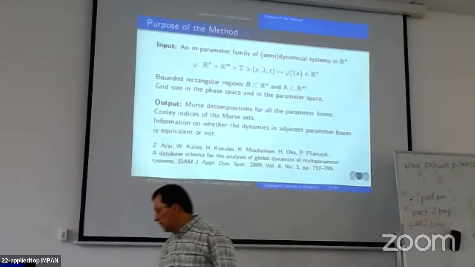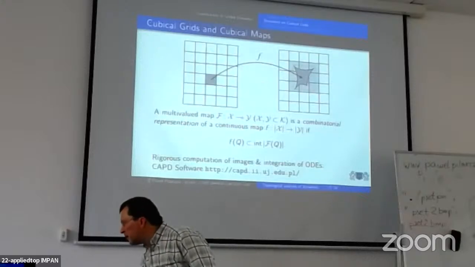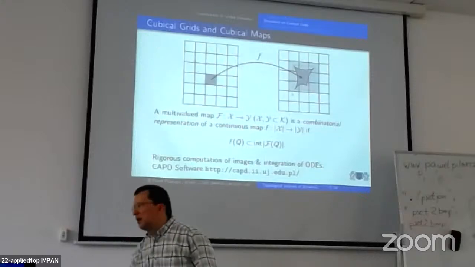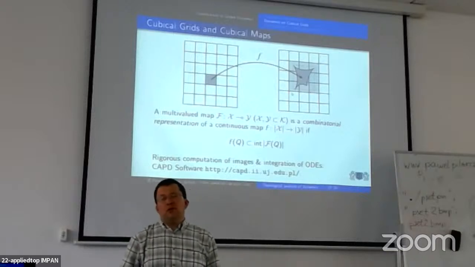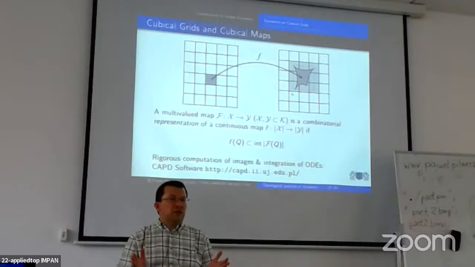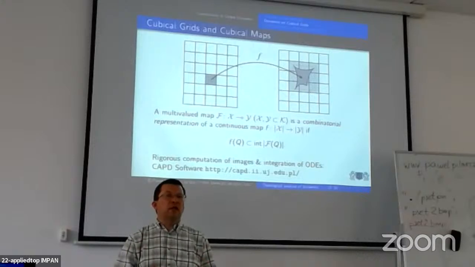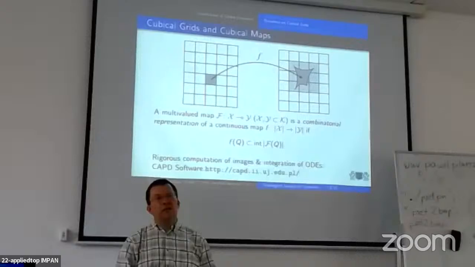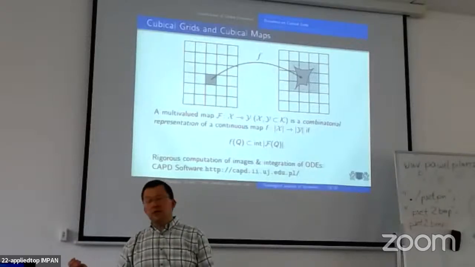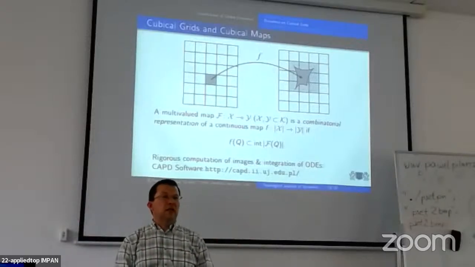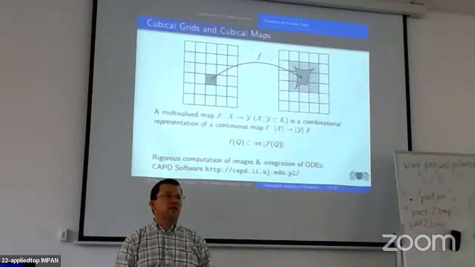And in fact, since you represent the map by means of a cubical map, you only need to know the map up to certain accuracy. So if you want to incorporate some noise or some uncertainty in knowing the map, you can still apply this entire machinery. Some people even try doing this kind of analysis for a map that comes from time series.